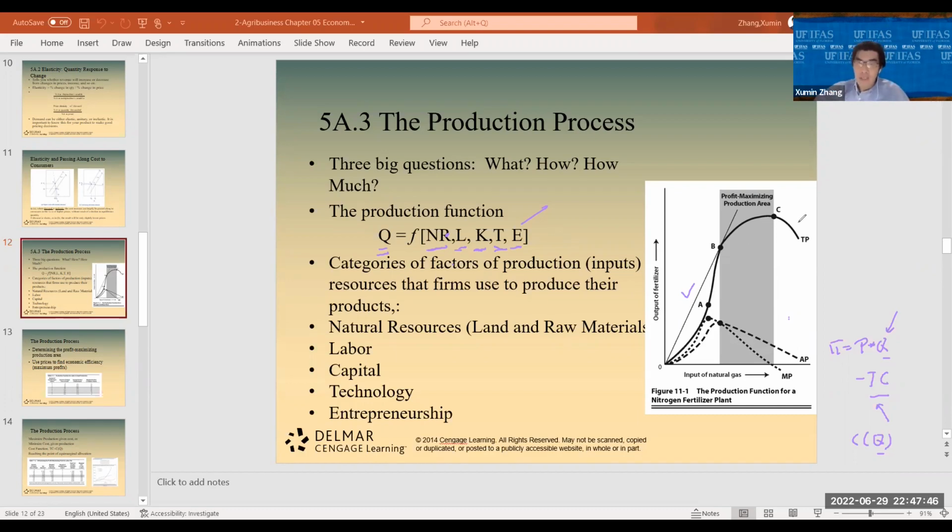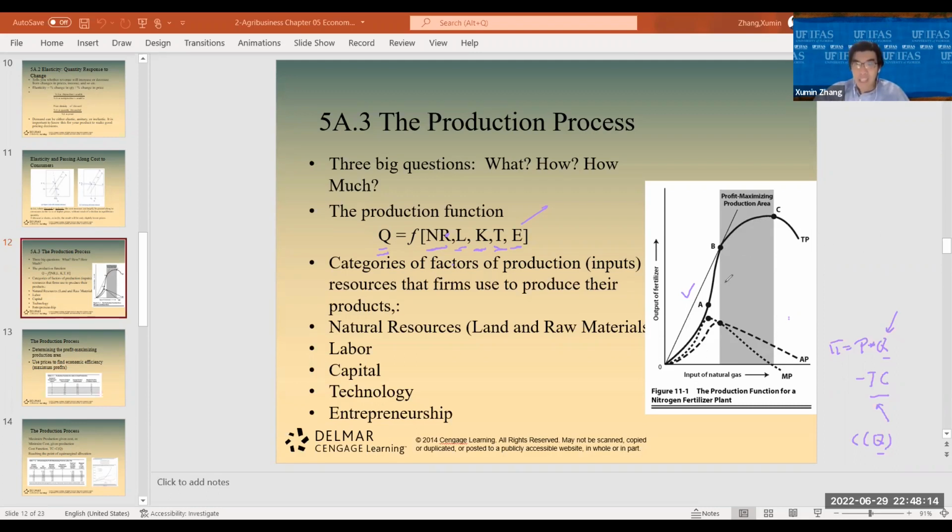If I draw this line, as you can see, this is not a straight line. For sure, the production function is not a straight line. You will see this is more like a cubic form. Why? Our production is increasing at an increasing rate, and then increasing at a decreasing rate, and then decreasing. This is the production function.